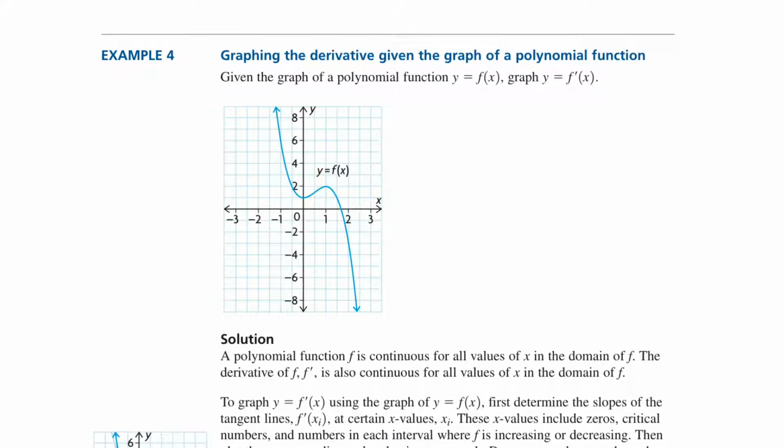Next example, given the graph of a polynomial function, sketch the graph of the derivative. By looking at this graph, we see we have a cubic function whose leading coefficient is negative.